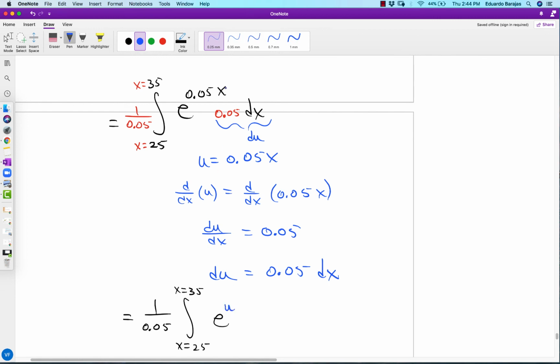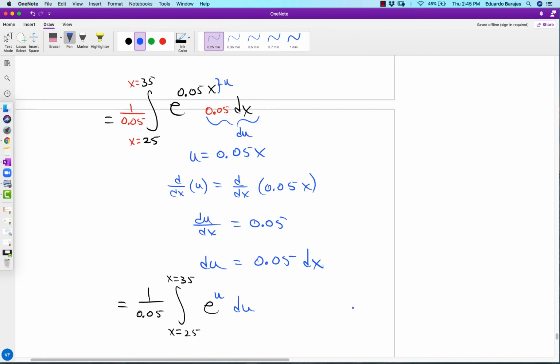That was the whole point, that this whole thing can become du. That becomes e to the u. And that is great because now this antiderivative is really easy, right? We know that the antiderivative of e to the u is just e to the u.